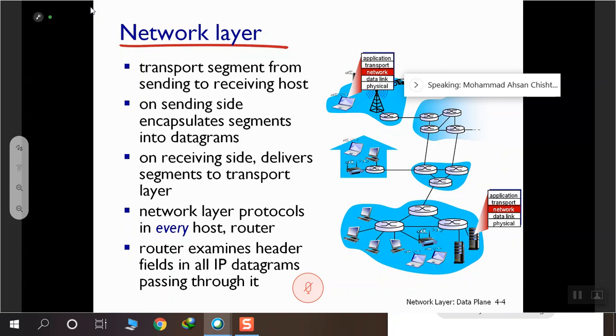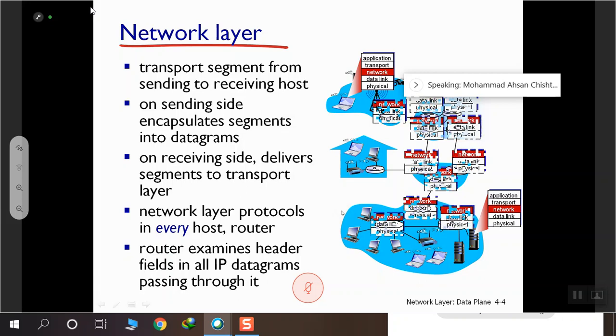Because they cannot understand the network layer. They do not have that part. They are either layer 2 or layer 1 devices. That's why the network layer is in all the systems mentioned here, whether they are routers, or bigger base stations, or end systems like servers and desktops.